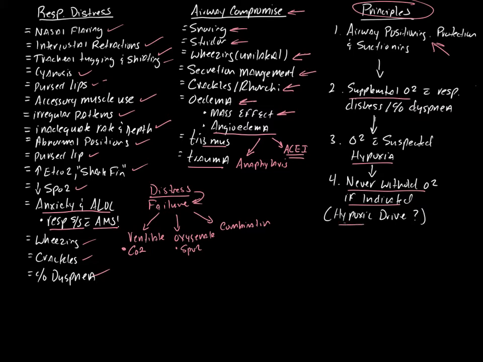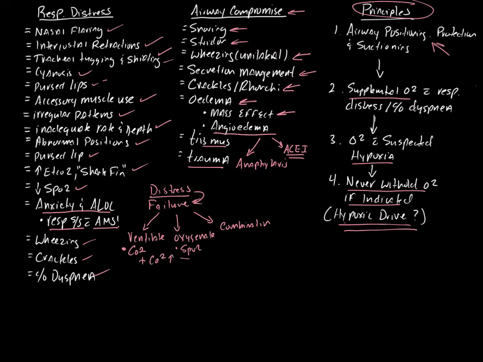Now, there is this concept known as the hypoxic drive. You guys ever heard of that? What is the hypoxic drive? When your body has been so accustomed to low pH from the CO2 buildup that it switches over to the low oxygen. Okay, that is the classic story that we hear. The classic story is somebody has some chronic lung disease, right? And what happens with that chronic lung disease is their CO2 becomes chronically elevated, right?